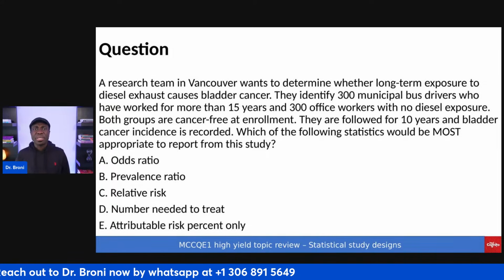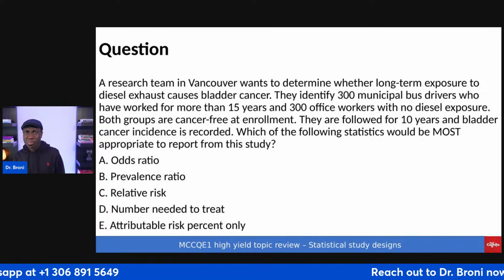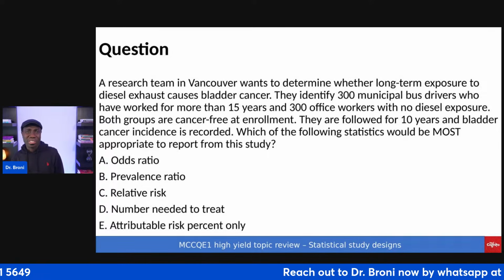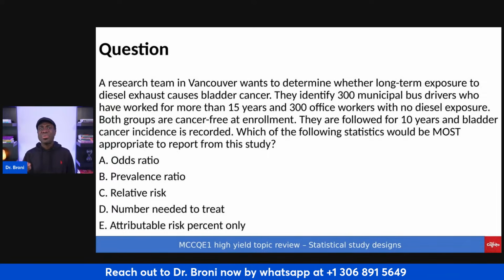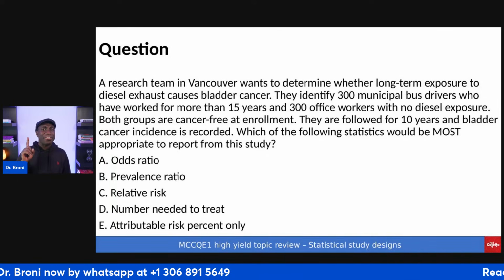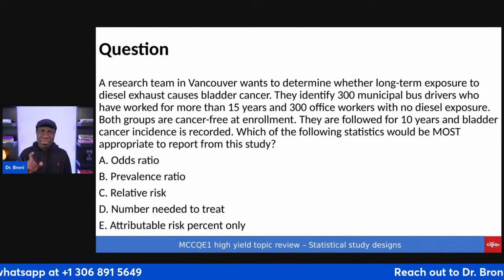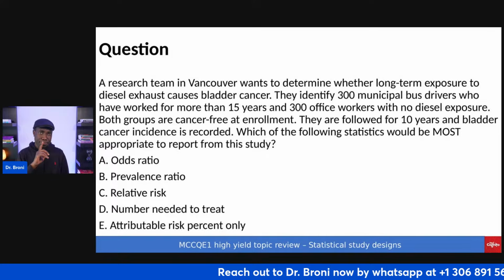A research team in Vancouver wants to determine whether long-term exposure to diesel exhaust causes bladder cancer. They identified 300 municipal bus drivers who have worked for more than 15 years and 300 office workers with no diesel exposure.